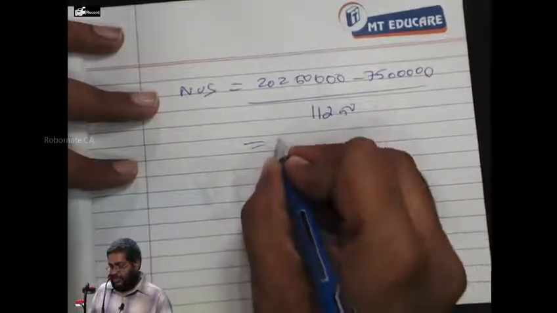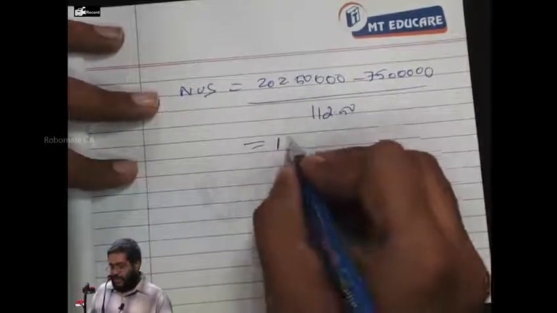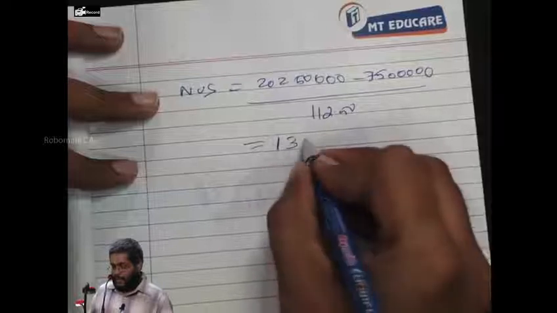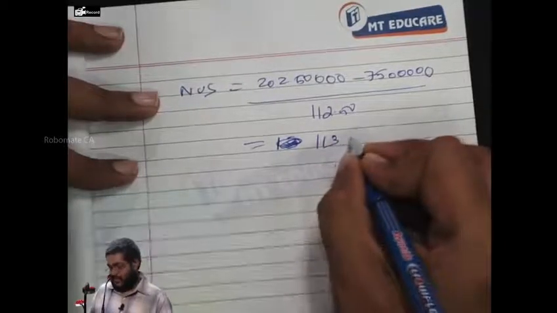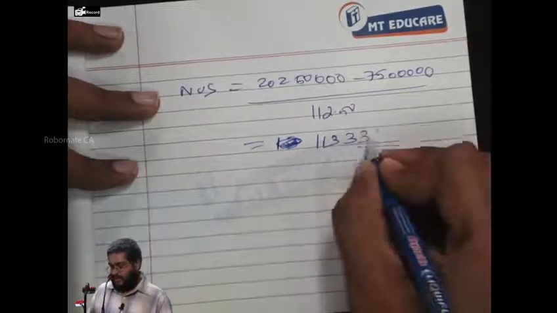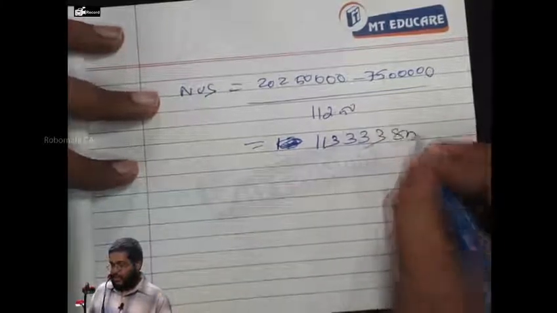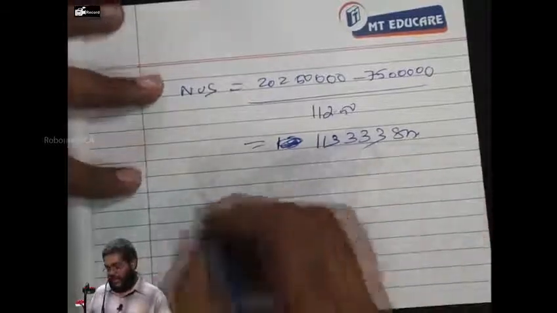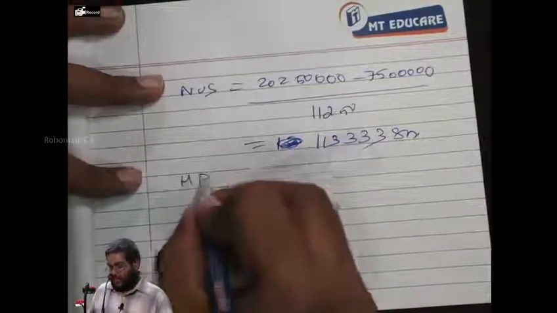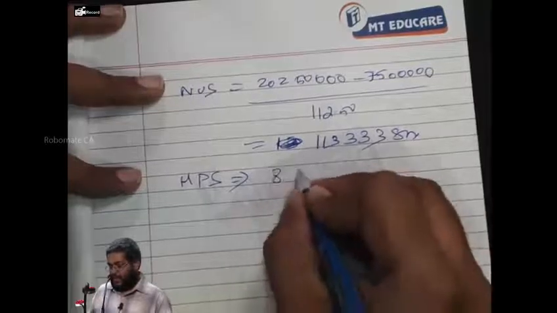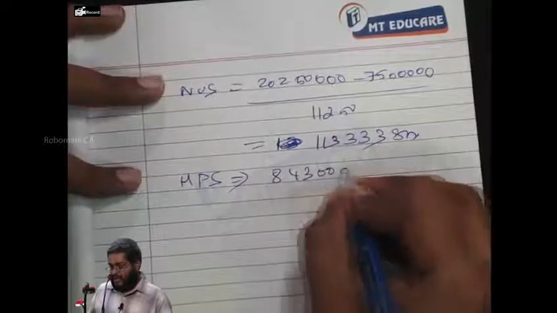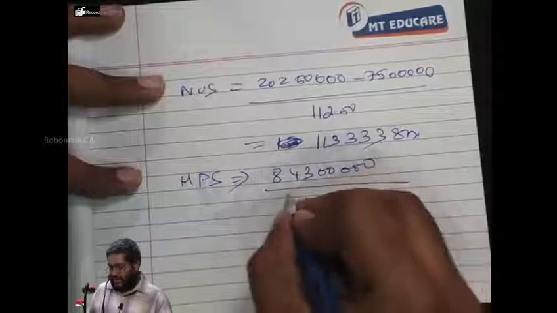How many shares going to be issued here? 1,13,333 shares.